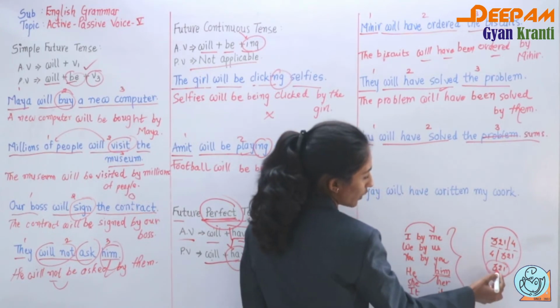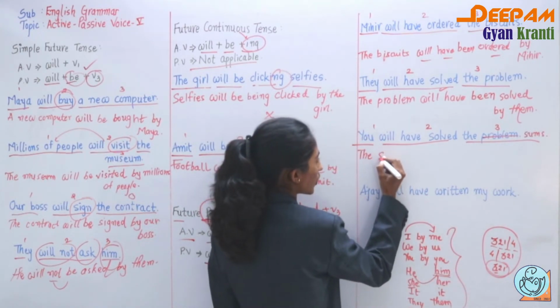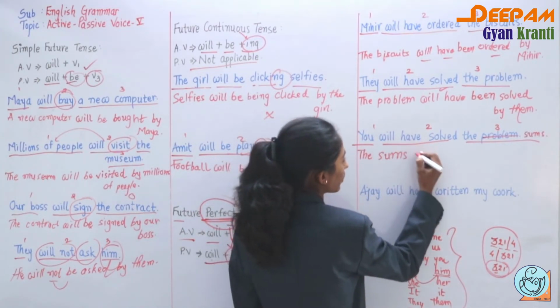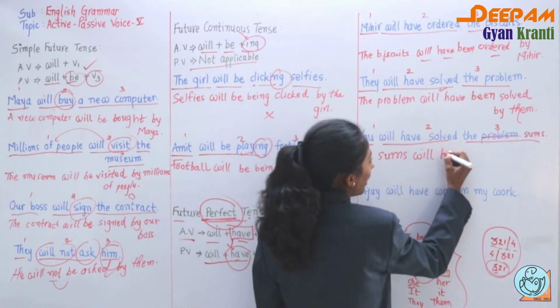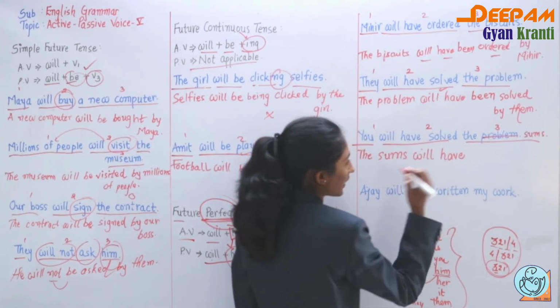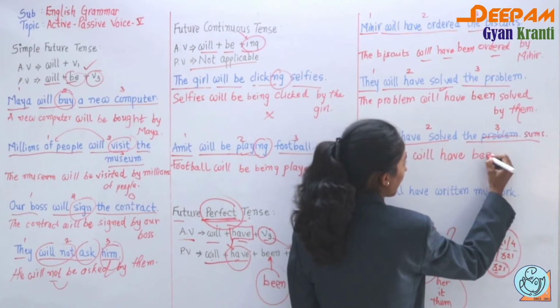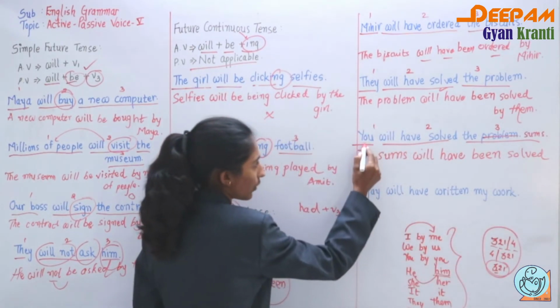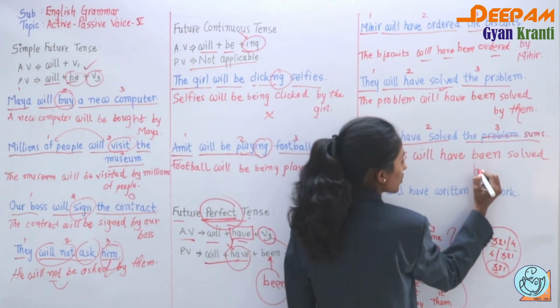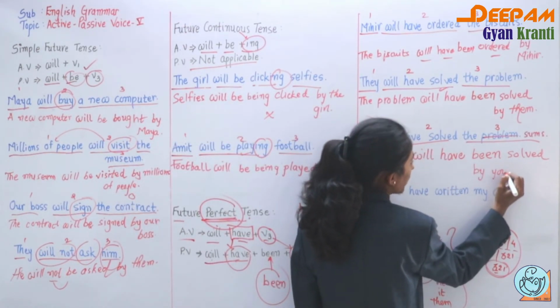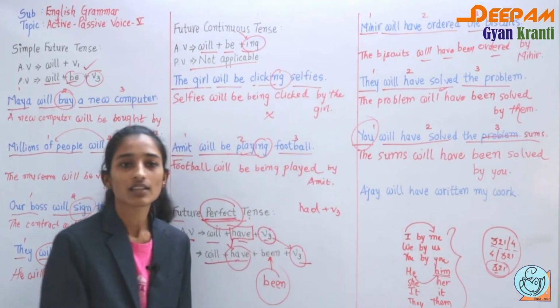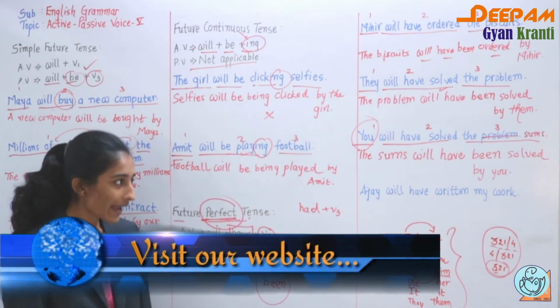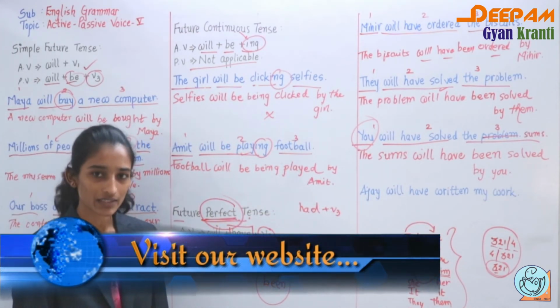Okay, only 3 to 1. So 3 number in the beginning. So the sums, then what we have to write? So will have, okay, then perfect tense is there, so we have to add been, then solved, then subject, means 1 number, so you is given. So what is the answer? By you. So the perfect answer is the sums will have been solved by you.